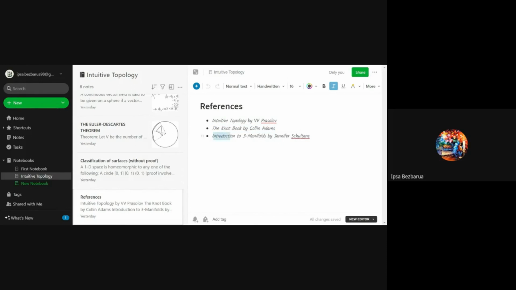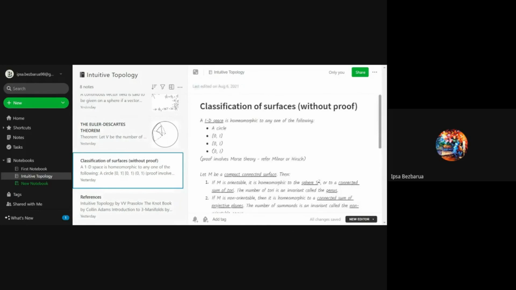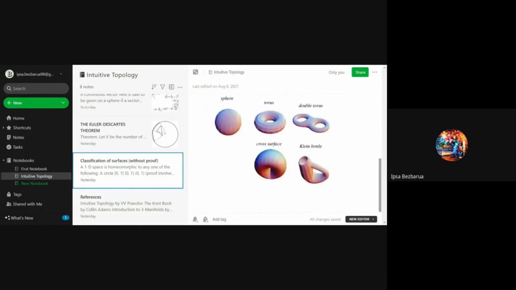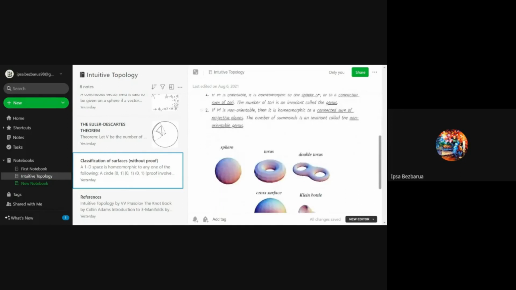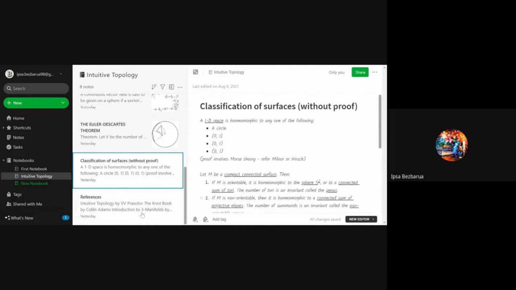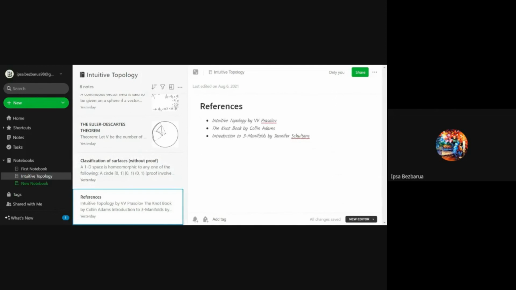And the third one, Introduction to Three Manifolds by Jennifer Schultens, is a graduate level textbook from which I have taken this part on the classification of surfaces. This part is not from Prasolov. This is standard stuff that I read over this summer.